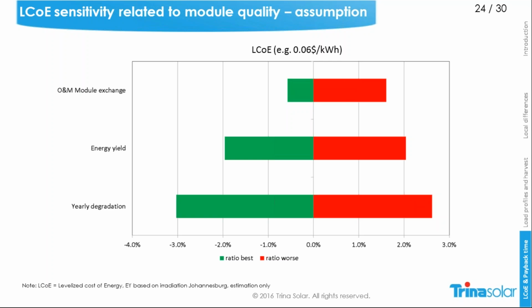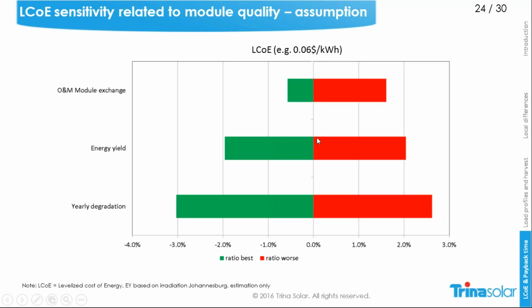That means if you're only looking at the price of the modules instead of also looking at the quality, you might have an increased exchange rate, which is surely impacting your levelized cost of energy. And if you invest into quality products, then you can also reduce it because you have a lower exchange rate, like in the average.